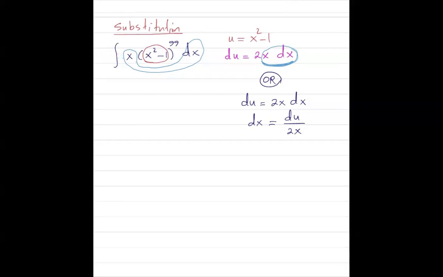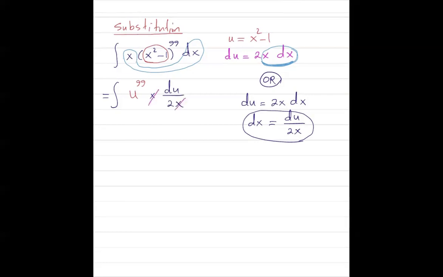This integral can be written as the integral of, wherever you see x squared minus 1, you're going to use u. So you have u to power 99. And since you have x dx, for dx, you're going to use du divided by 2x. As you can see, x and x get cancelled out.